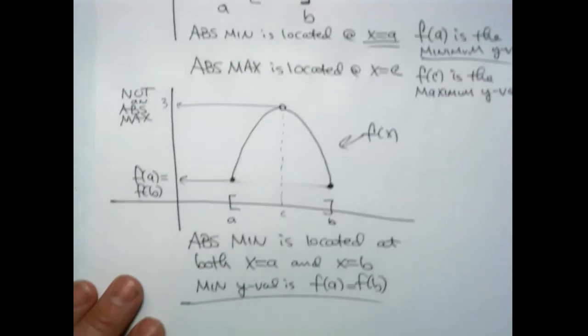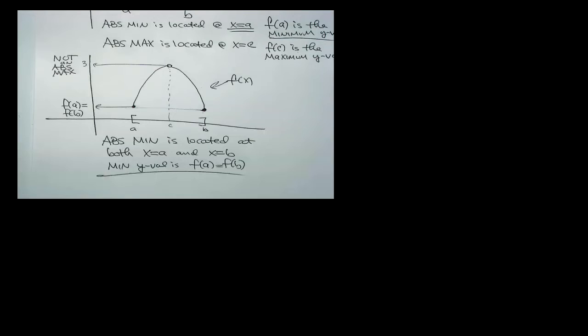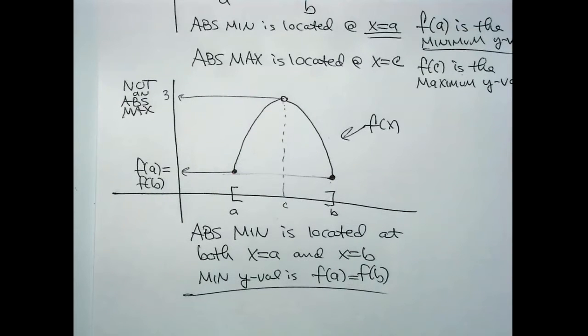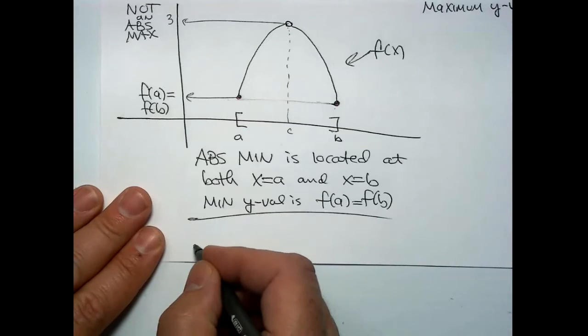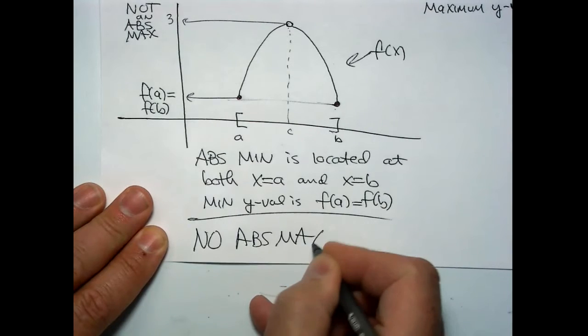Could you say that the absolute highest y value this function produces is 3? And the answer is no, because it doesn't ever produce 3. It produces 2.999 on either side, actually. But will it ever produce 3? No, it won't. When that happens, we would say there is no absolute maximum for this problem.